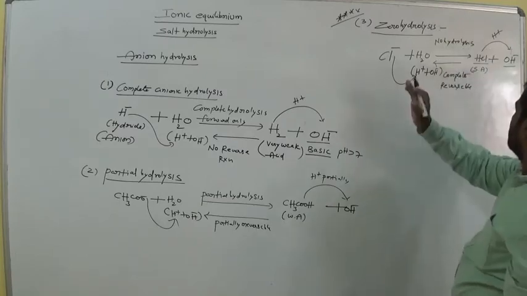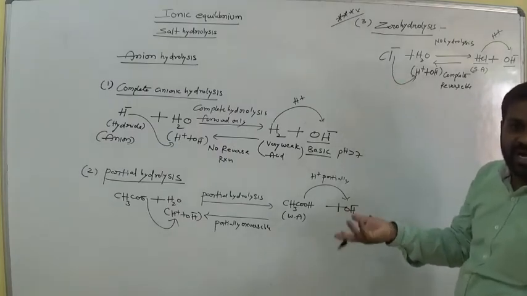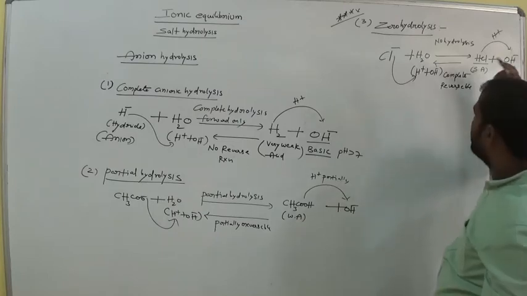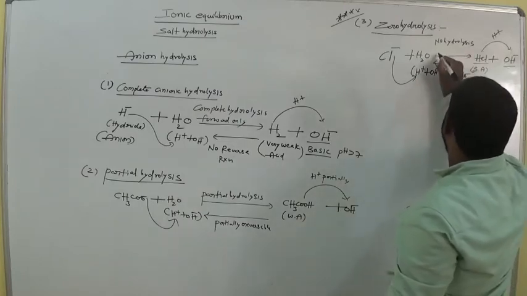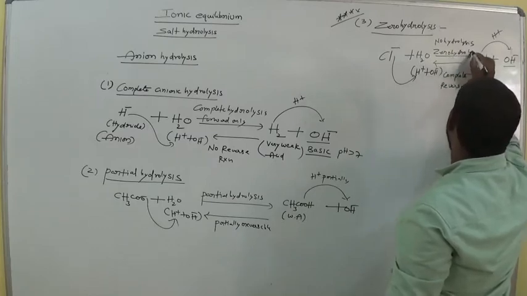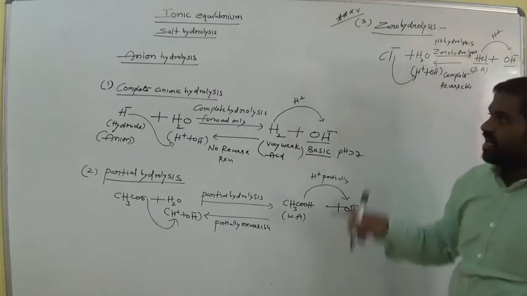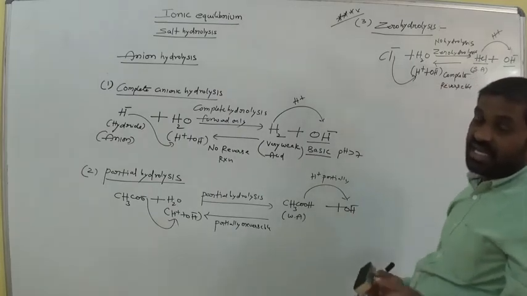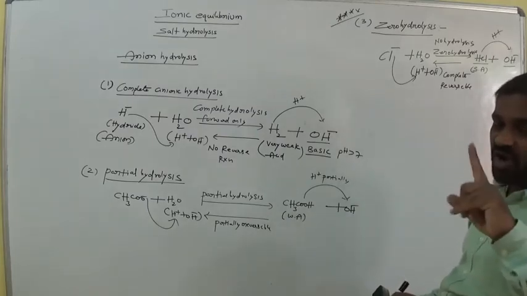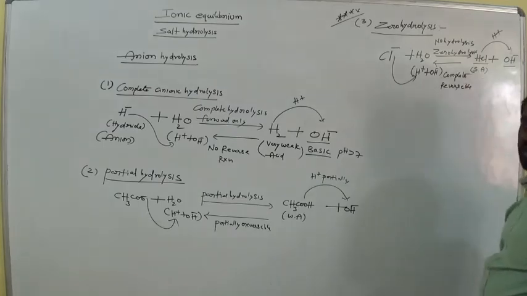No hydrolysis. Why? Because OH minus and H plus again form H2O. Then where is the hydrolysis? No hydrolysis means H plus and OH minus. That is zero hydrolysis. Okay, this is a strong acid. In the cationic hydrolysis, Na plus gives NaOH, that is a strong base. It is also zero hydrolysis. A strong base and a strong acid don't involve in hydrolysis, am I right?